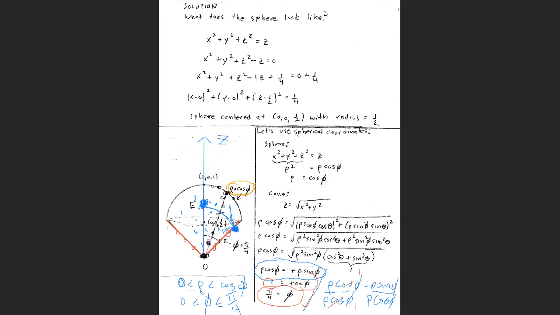There you go. Good, Charles. Now, what about theta? What's theta going to be between? We have a whole solid here. Theta goes from 0 to 2 pi.